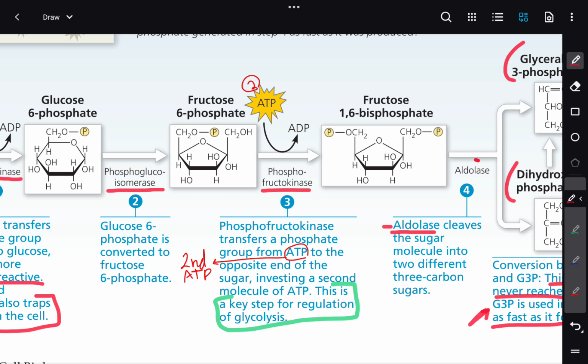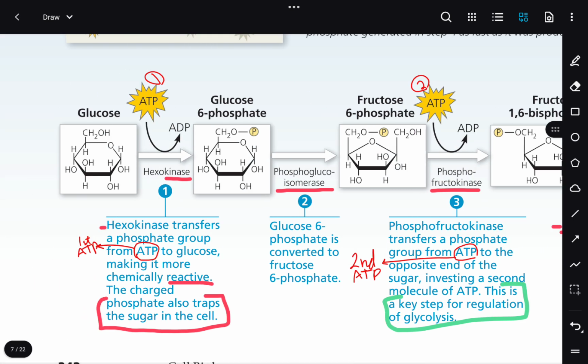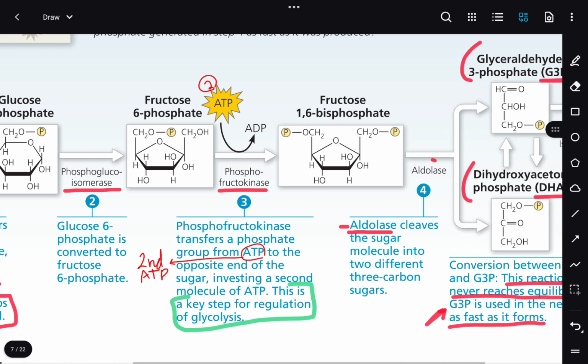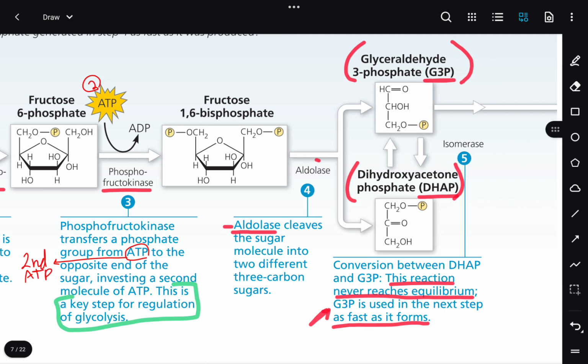That means the name is going to change, and as we already know, it's a kinase, so it's a phosphofructokinase. It grabbed the phosphate group and attached it to the molecule. In the first step, it's a hexokinase, because glucose is a hexagon. And the third step is a phosphofructokinase.